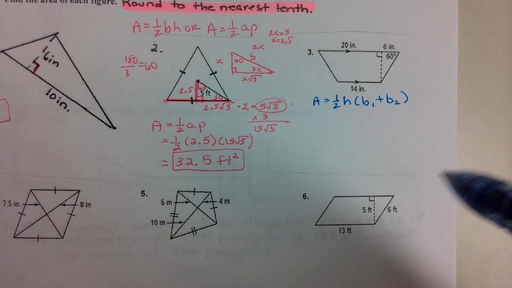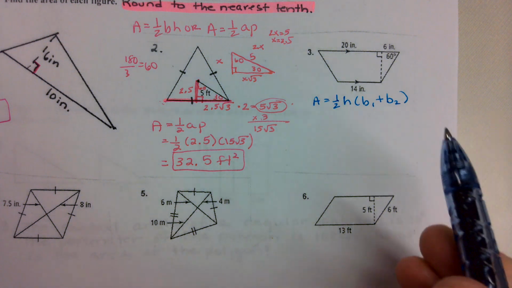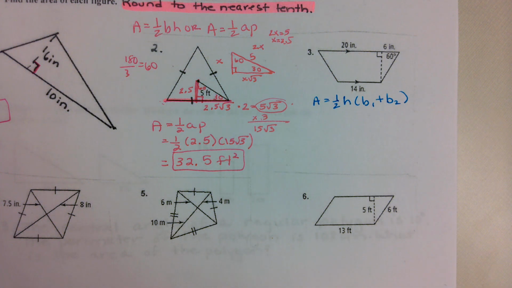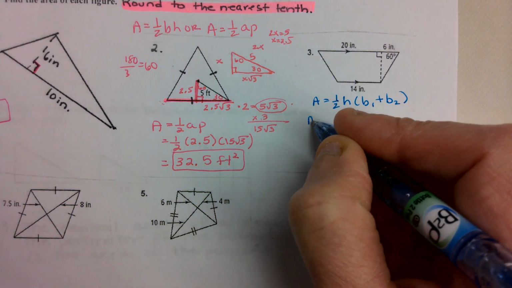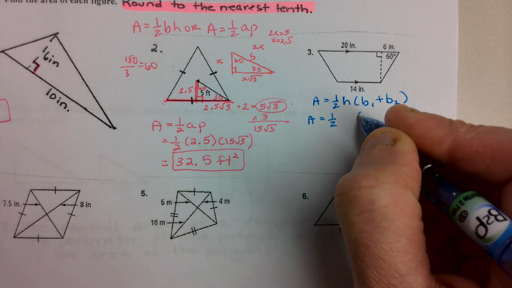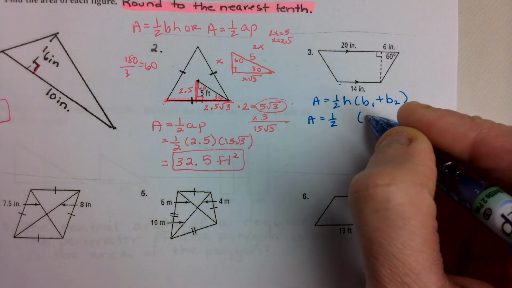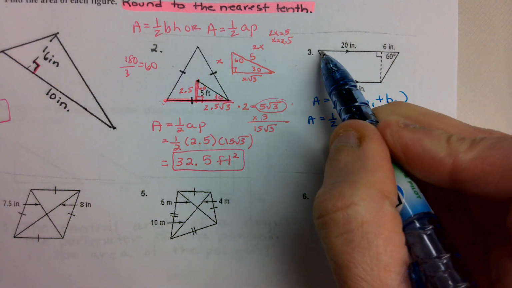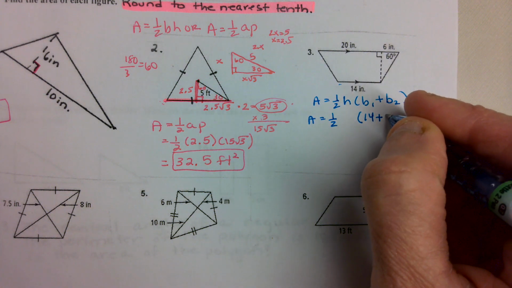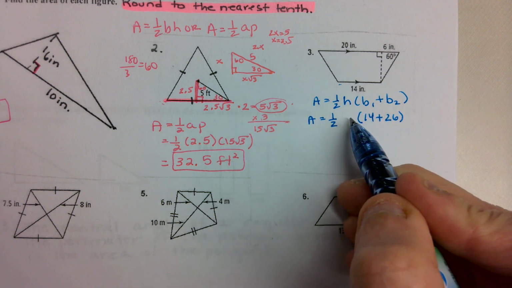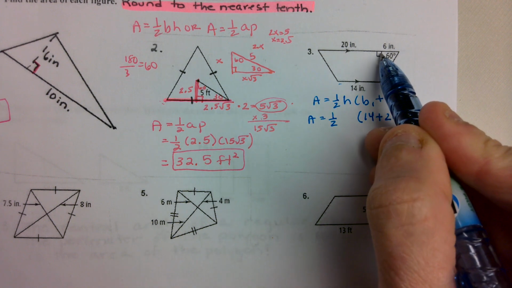We need to know that b1 and b2 are always the parallel sides, and the height is always perpendicular to them. So I do have b1 and b2. b1 is 14, and b2 is this whole length of the side, which is 26. But I need to find the height, which is right here.